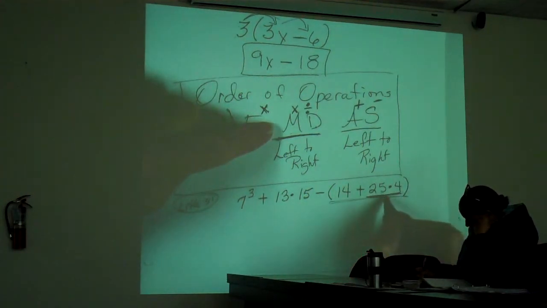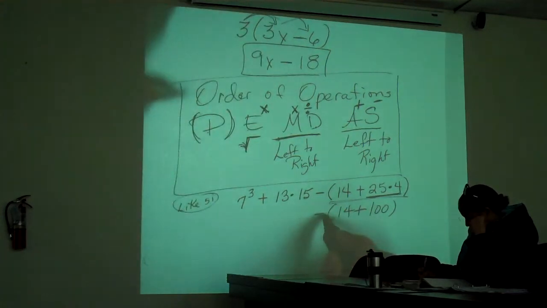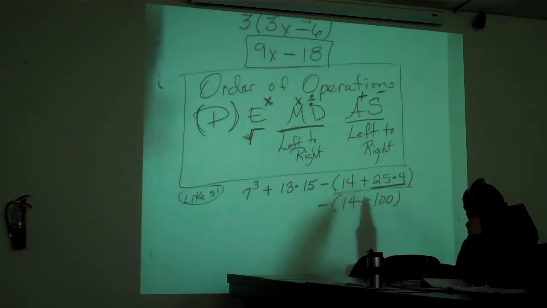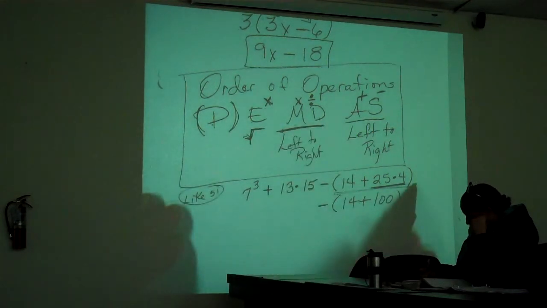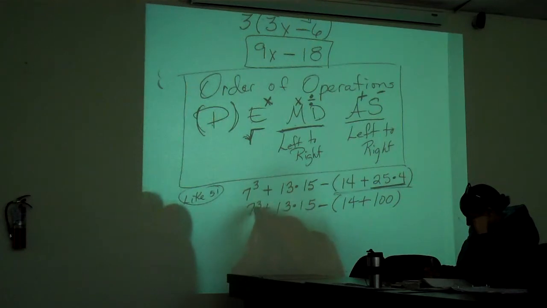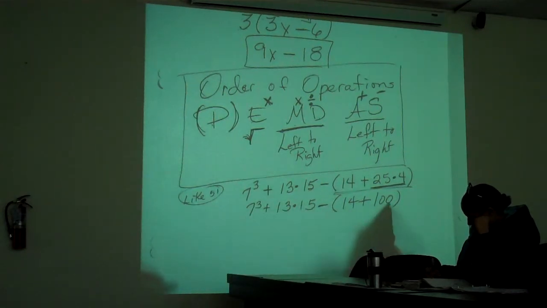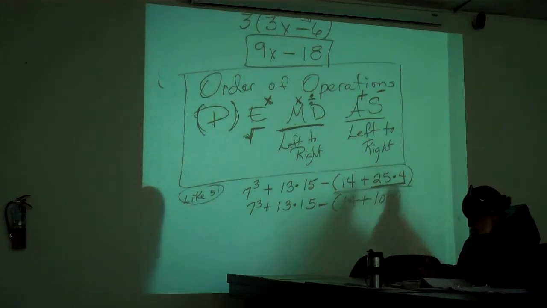So 25 times 4 is 100, and have the plus 14 written in front of it. Rewrite all this stuff. Actually, we've got that parentheses done, pretty much. Let's go ahead and rewrite this. 7 to the third. Let's finish this parentheses: 14 plus 100 is 114, right?